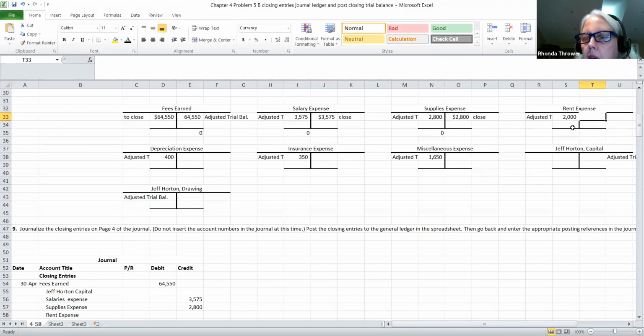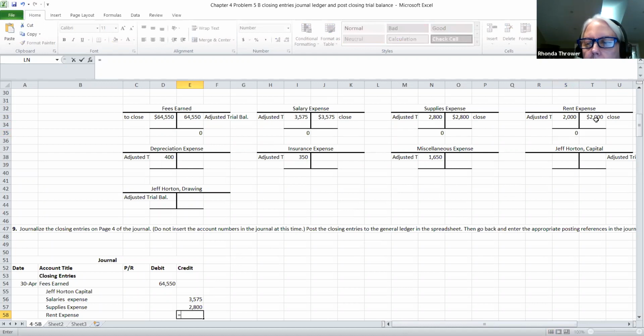And you can see I've already written in the adjusted trial balance amount. So you just close it by crediting the expense account, which will reduce it, or it'll close it out. It'll reduce that expense account once it is closed to zero.